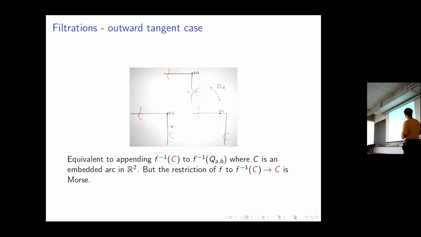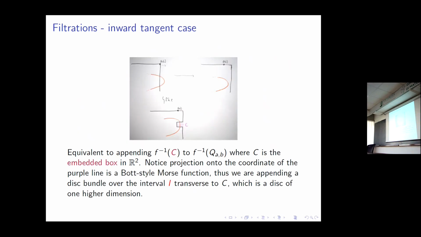The other case where the tangency is on the other side is a little bit more dramatic. So let's think that through. This case where the curve is largely on the inside and you pass through a tangency, that's a little bit different.